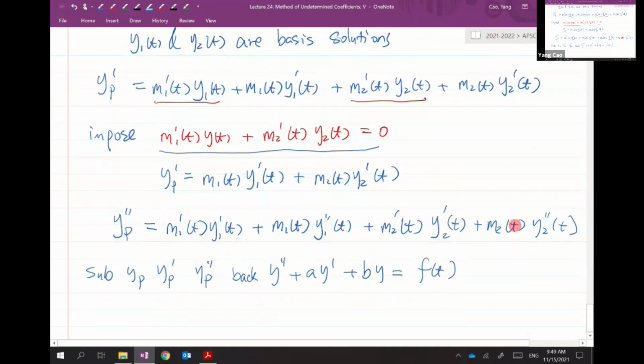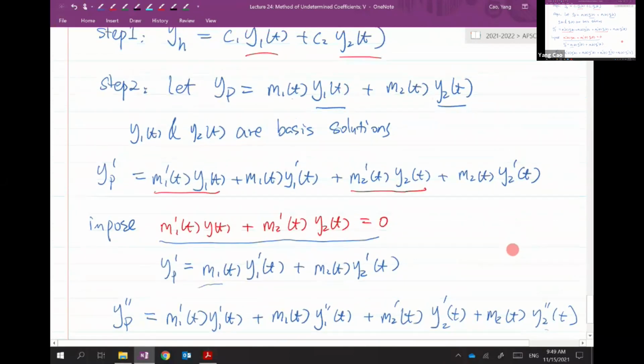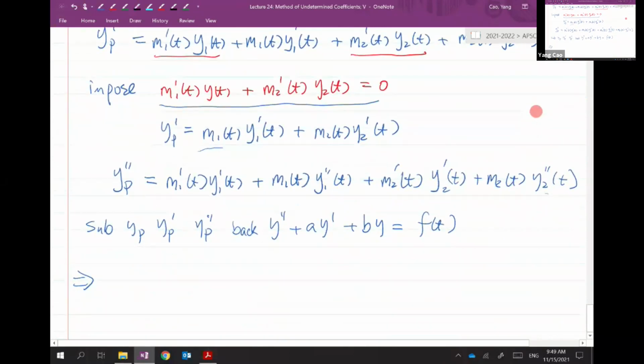After you substitute back into this, we need to keep a clear head when you do the simplification. There are a lot of terms involved after substituting. Your yp double prime is over here, your yp prime is over here, and yp is over there. Once you substitute, you can group similar terms, meaning terms with common coefficients.